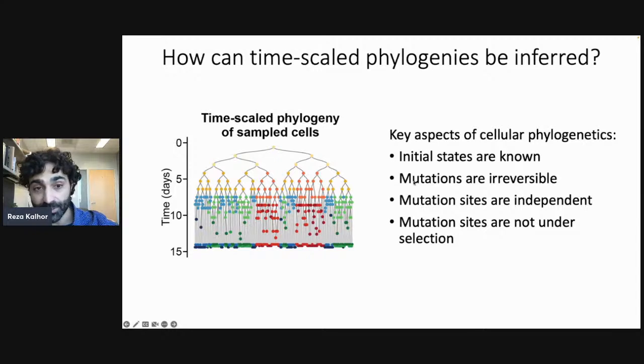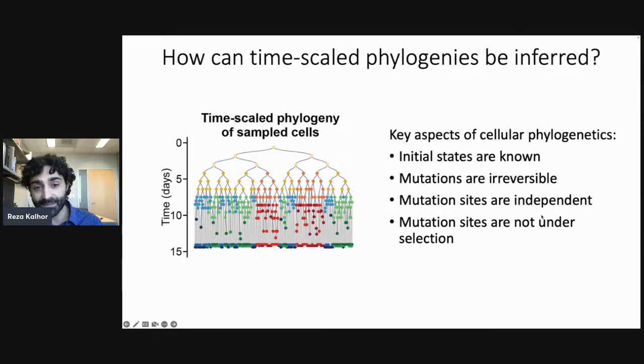Mutations are irreversible, which is very important. Once a site mutates, you can basically assume it doesn't mutate further. Whereas in evolutionary phylogenetics, a site can mutate, let's say from G to A, and then in one sublineage back from A to G, which makes things very complicated. Mutation sites are independent, and they are not under selection in lineage barcoding.